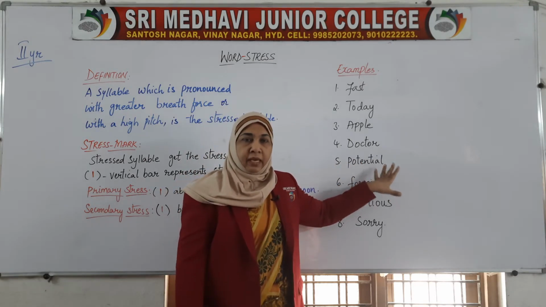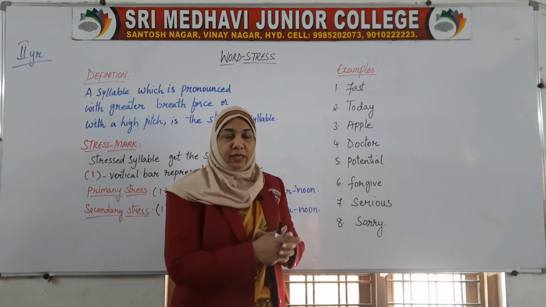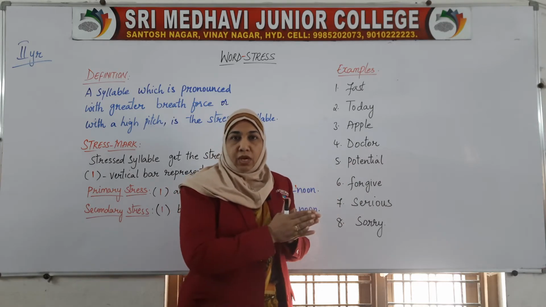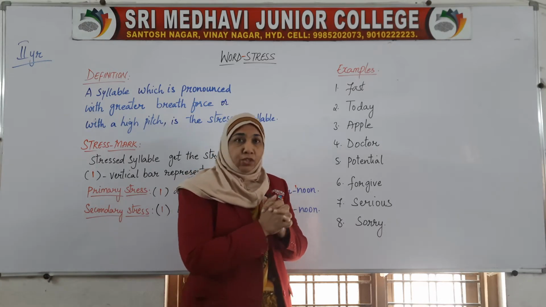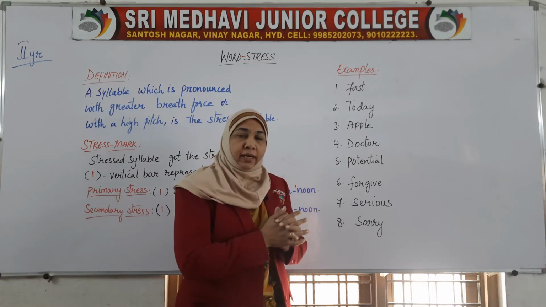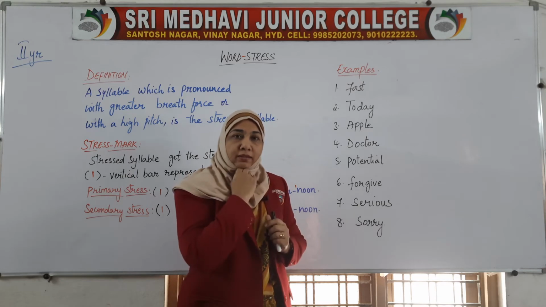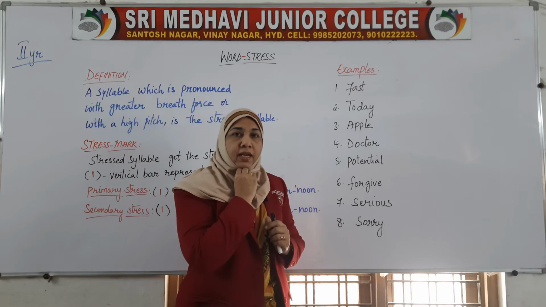An easy way to find out the syllables is to divide the word into sounds. How many times is your tongue getting twisted? There are other ways also. I'll show you: keep your hand under the chin and pronounce the word. Potential.